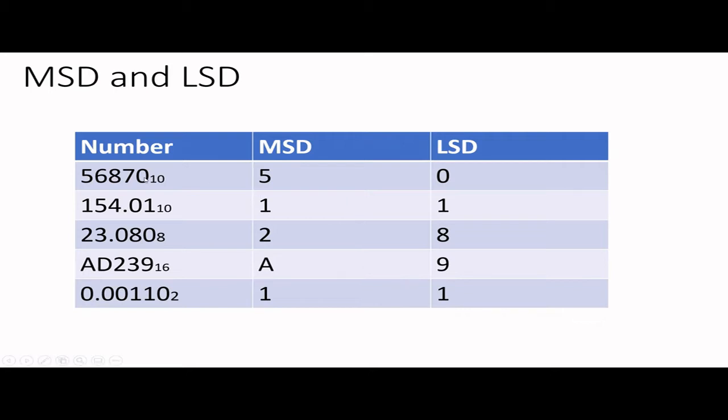We cannot ignore that 0. So in whole numbers, LSD will become 0. MSD should be the most left extreme number, which is not a 0. So 5 will be the answer.